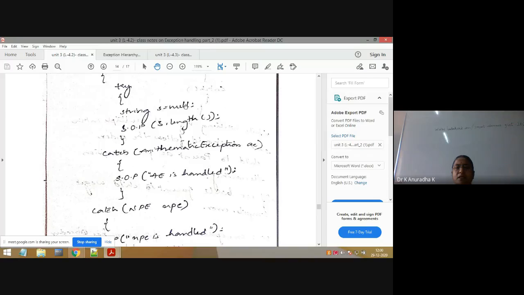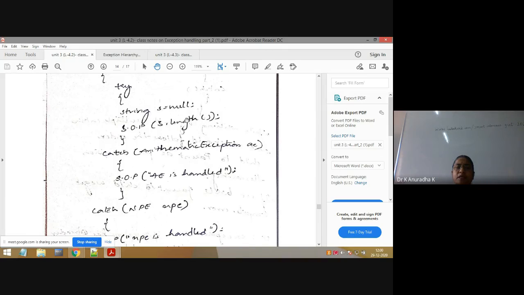Risky code means here I have written String s = null. This statement is perfectly correct and it is executed, no doubt. Next, we have System.out.println(s.length()). Length is a predefined method in the String class, and its purpose is to know the number of characters in that string.